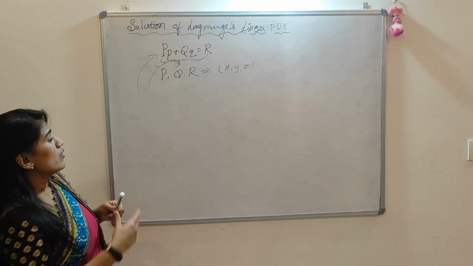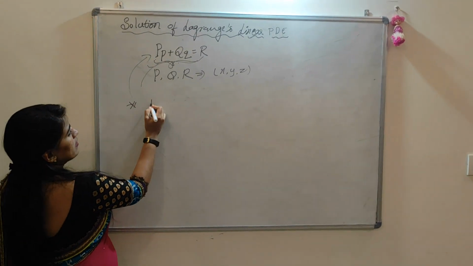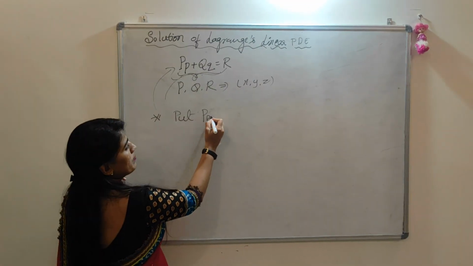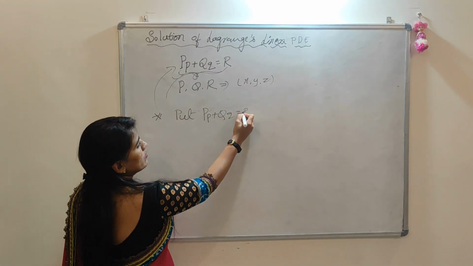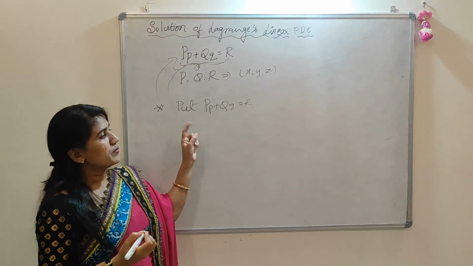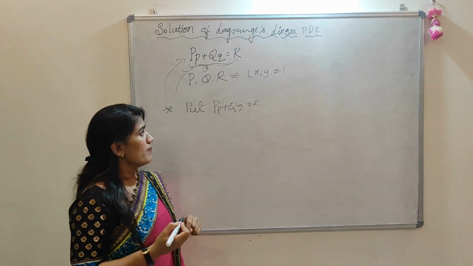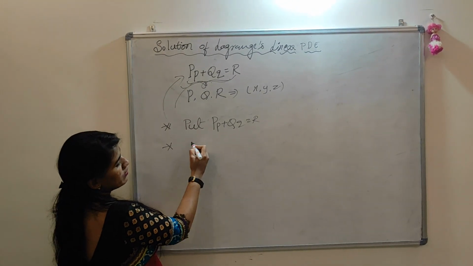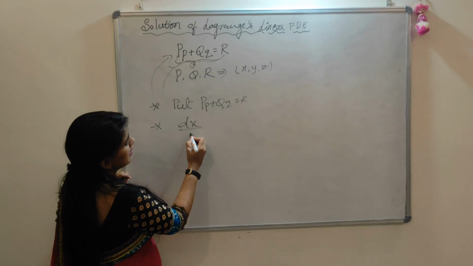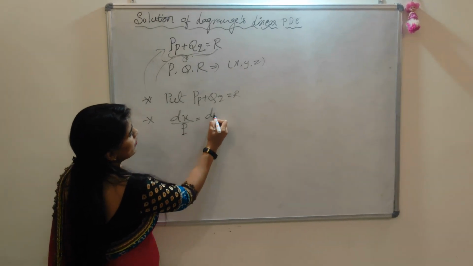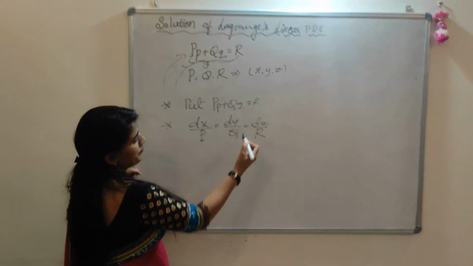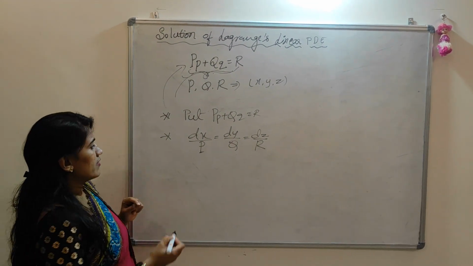Now, I will explain the working rule of the linear Lagrange's PDE. First, we have to put the given linear PDE in the form Pp + Qq = R. After this we have to consider the auxiliary equations: dx/P = dy/Q = dz/R.